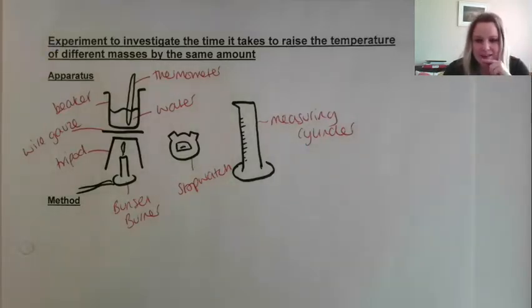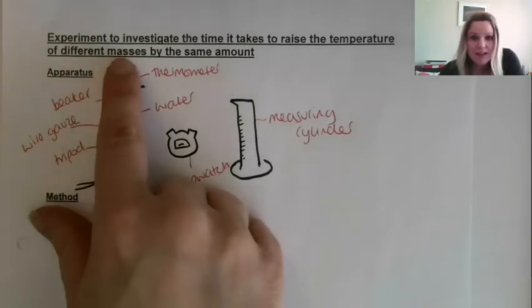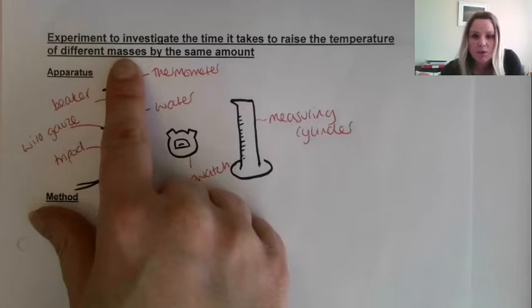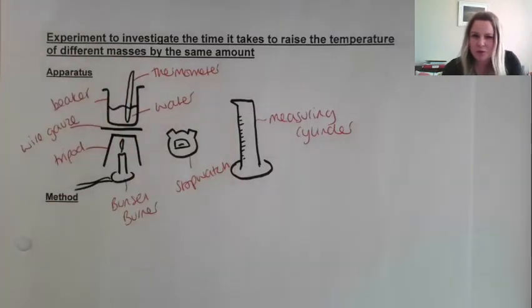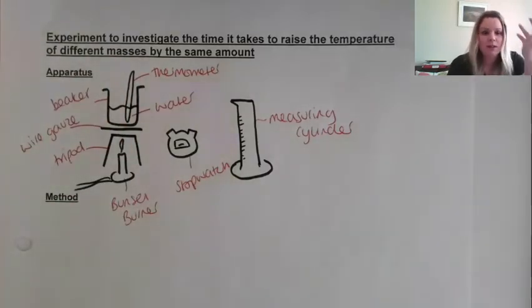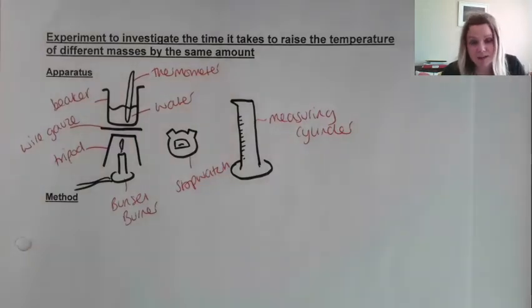That means that if we have 1 centimetre cubed of water, it will have a mass of 1 gram, okay? And I'm going to use that fact for varying the masses of my water. I'm just going to use different amounts of water, and because I know how to convert between centimetres cubed and grams, I'm going to know the mass of that water.